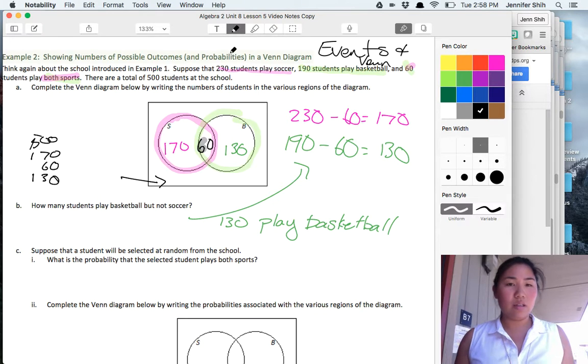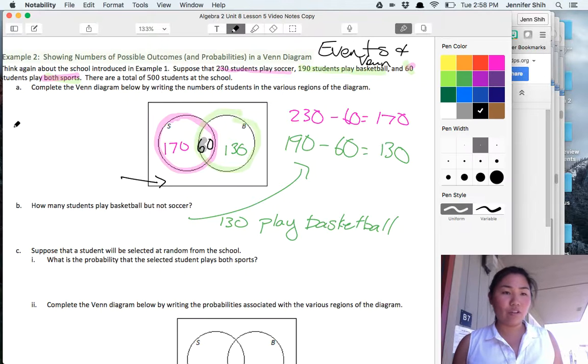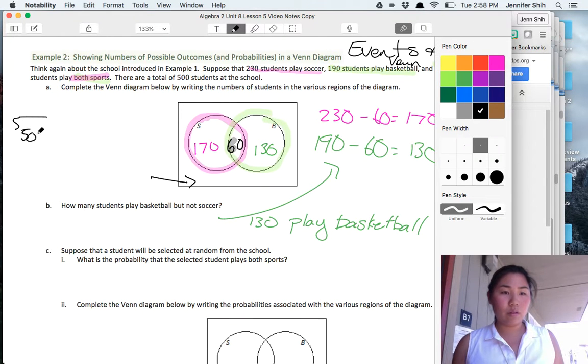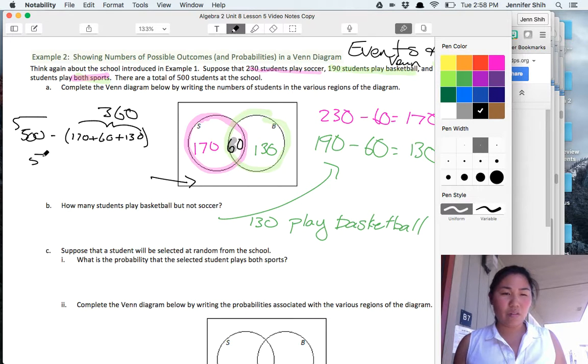So 500 minus 170 plus 60 plus 130. Altogether, this is going to be 360. So 500 minus 360 is equal to 140 that are neither.